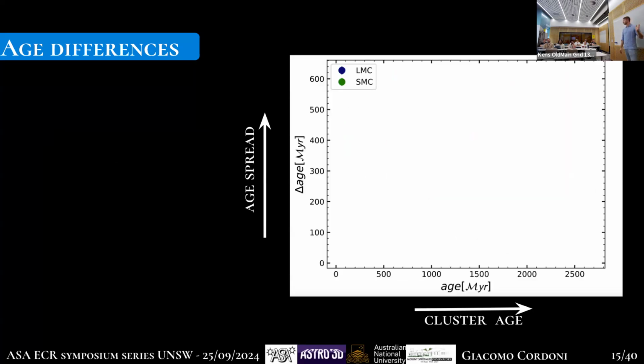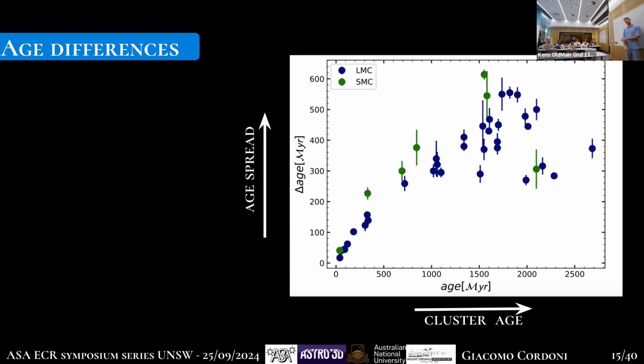If we do that for a lot of clusters, we can compare the age spread that we measure with the cluster age and see if there is any trend which may tell us something about how these stars are forming. And when we do that, we see that there is a very good trend between cluster age on the x-axis and the age spread on the y-axis.